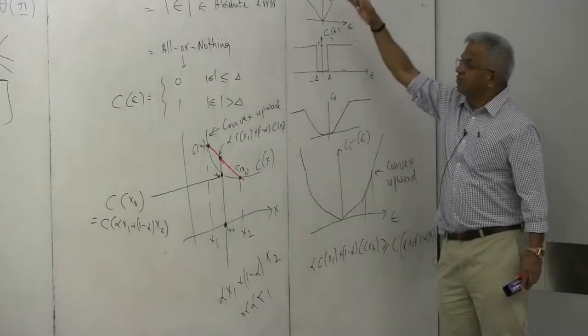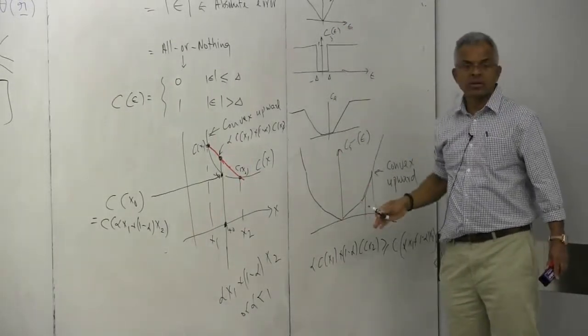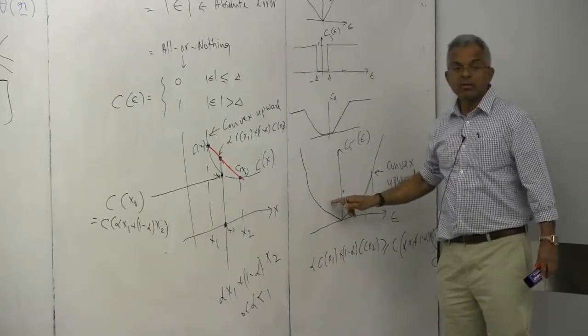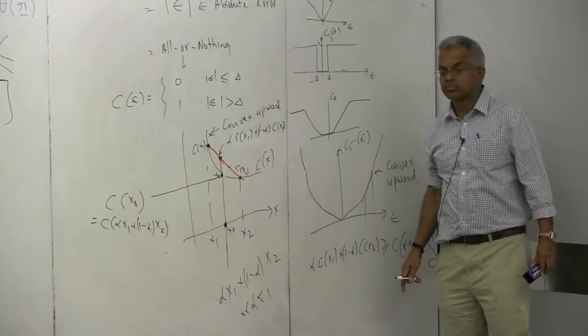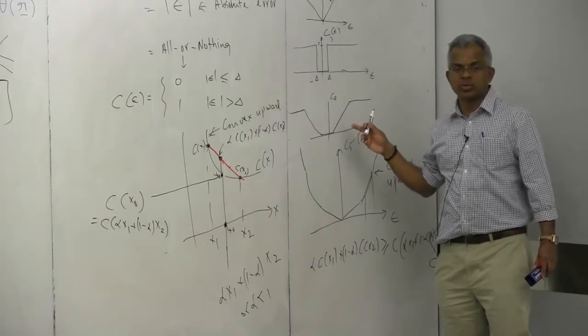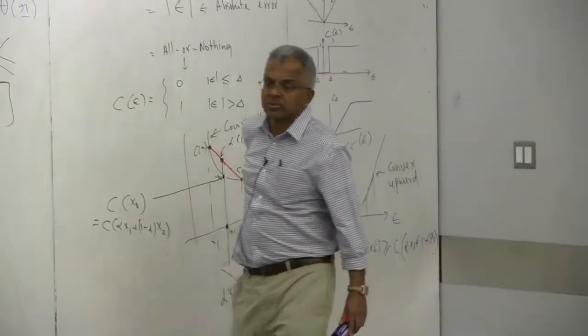Okay, so we will try to find the optimum estimator for these three, and I will also do it for this. And there are results for this also. You can read up or you can try to do this yourself.